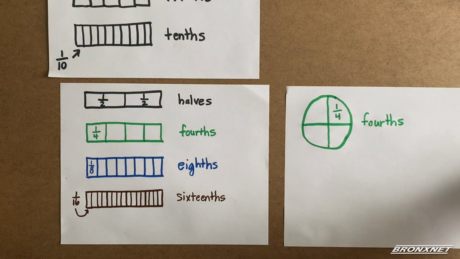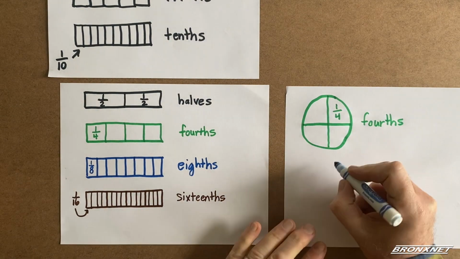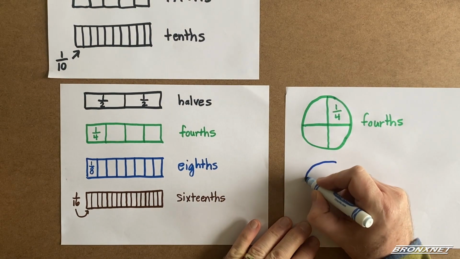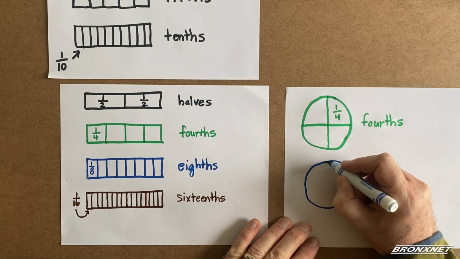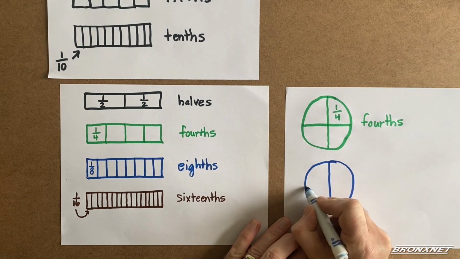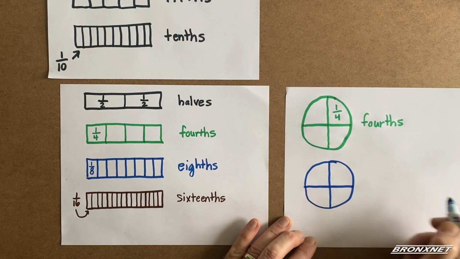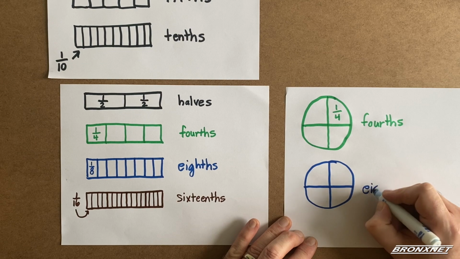If I want to try to show eighths, again, I'm going to do my best to draw the circle, repeat it as best I can. Show the fourths again. And these are going to be eighths.